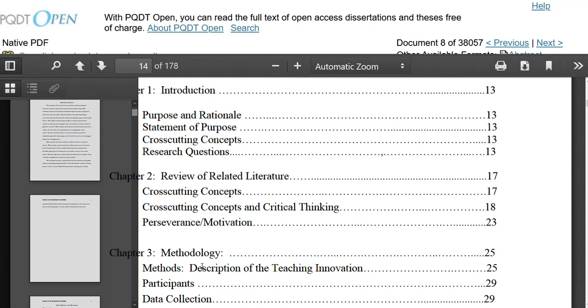Give a little away in the headings rather than just say purpose and rationale, which is the way most people do it. You might say something that indicates what that purpose is. Whenever you can, give your examiner a heads up on where they are going when they just look at your table of contents. Thanks.